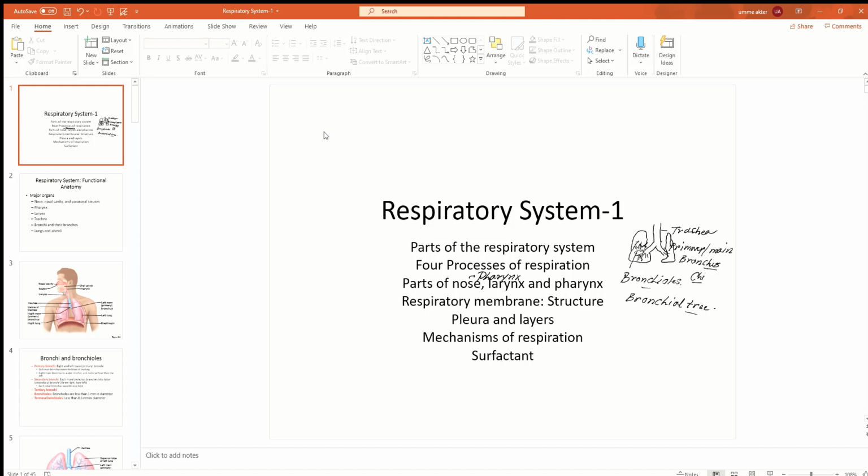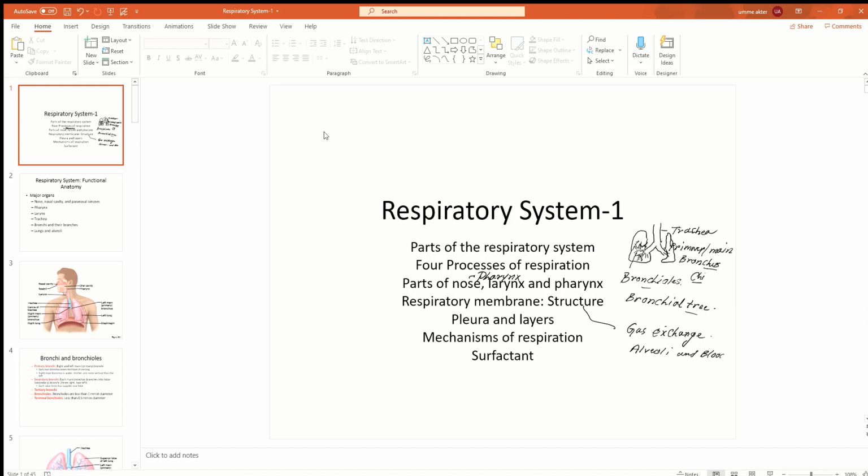Then we'll talk about the respiratory membrane. It is a membrane or a structure through which the gas exchange occurs. So through this membrane, gas exchange takes place between the alveoli of the lung and the blood in the capillary.